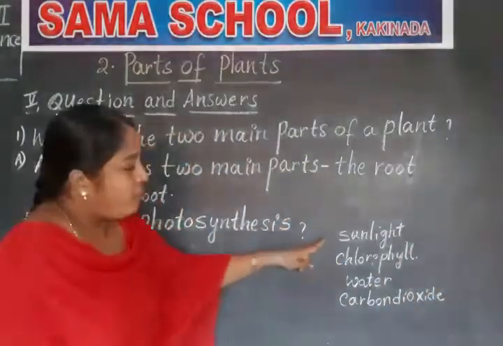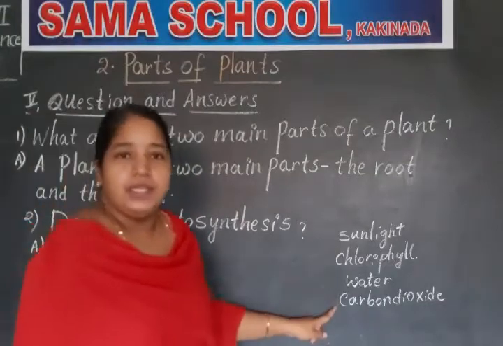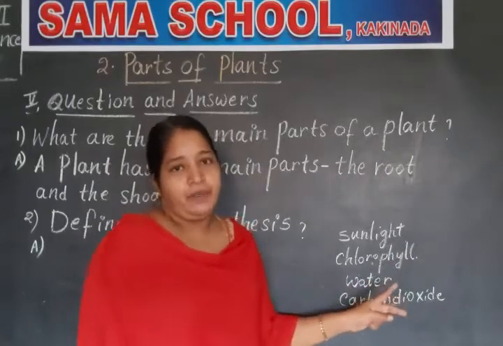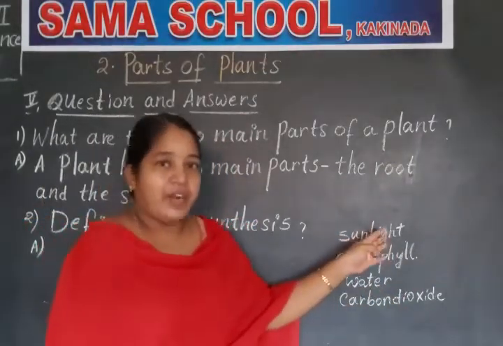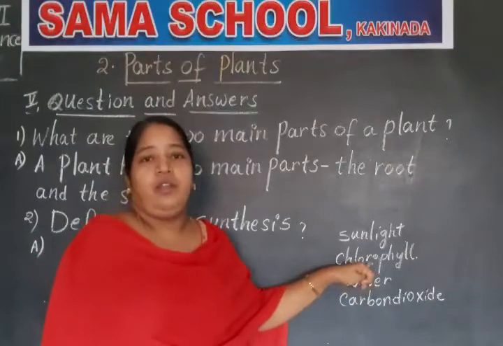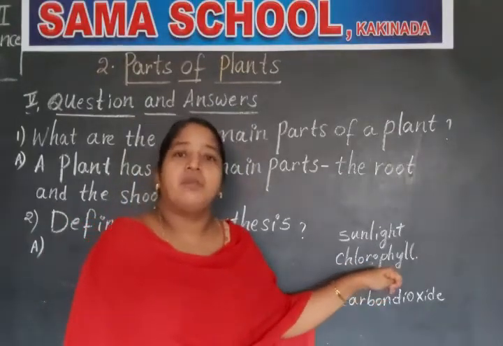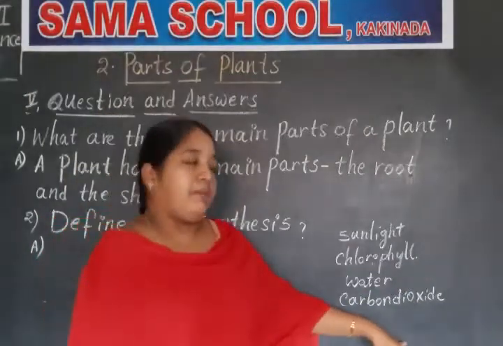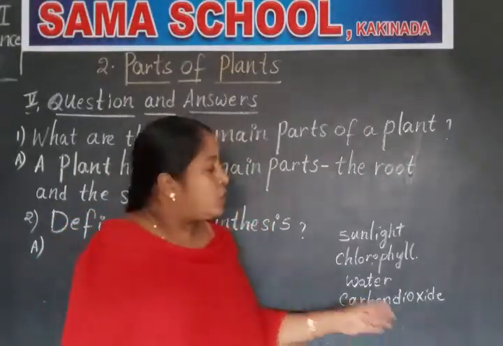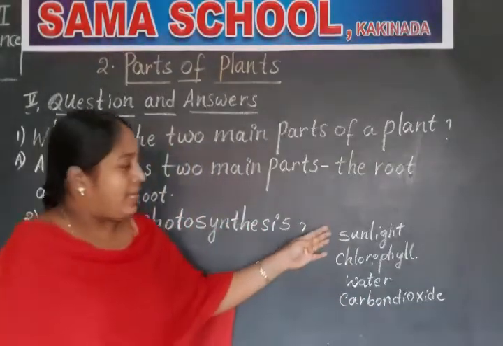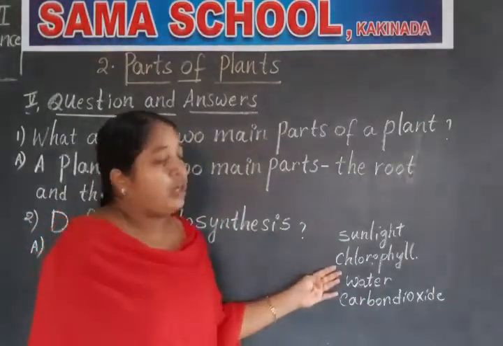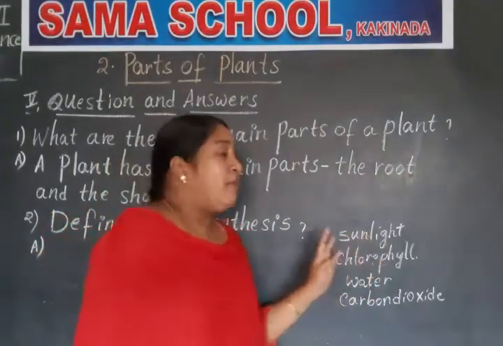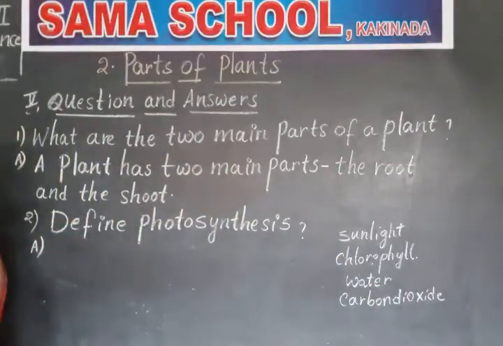So with the help of these 4 materials or substances, plants can prepare their own food material. Clear children? So how they get sunlight? From the atmosphere. You have already learned that chlorophyll is present in the leaves itself, and water from the soil and carbon dioxide from the air. So by using these 4 materials like sunlight, chlorophyll, water and carbon dioxide, plants can prepare their own food material. Now tell me, define photosynthesis.